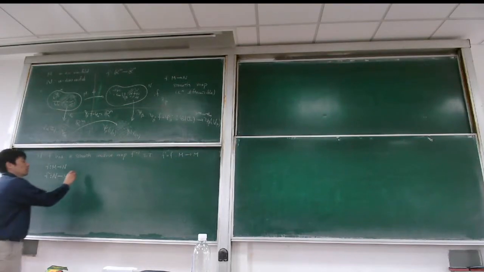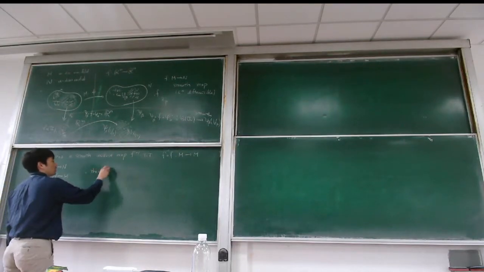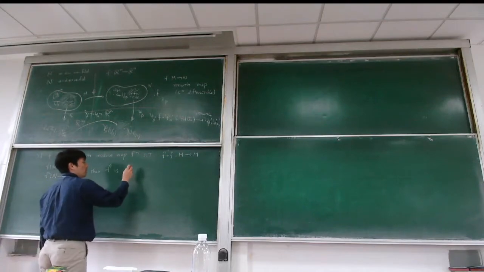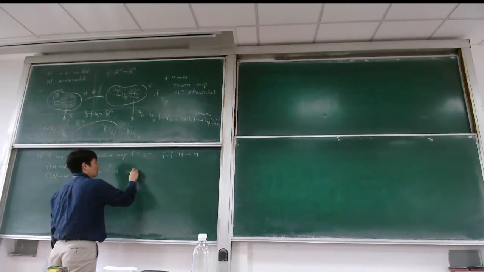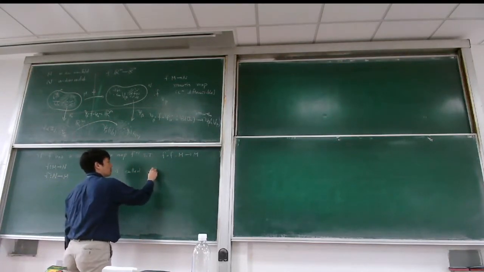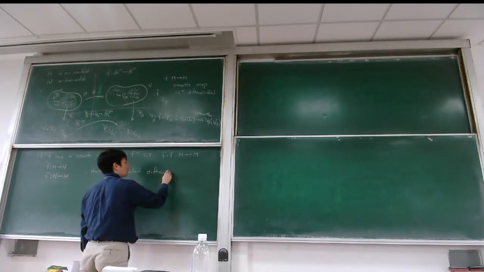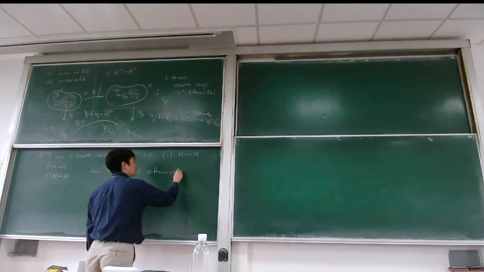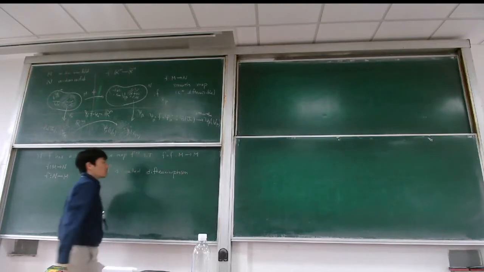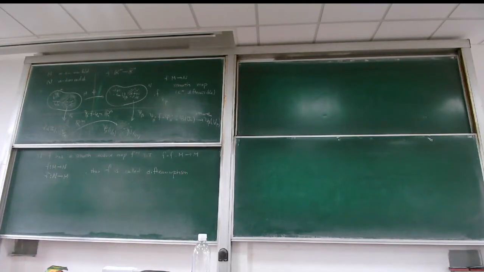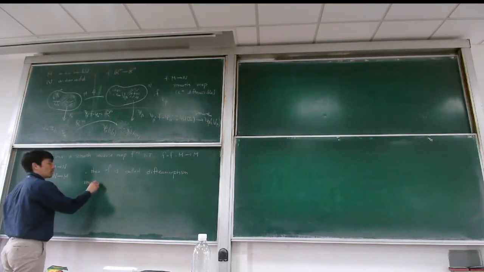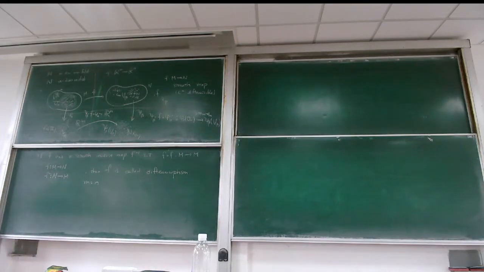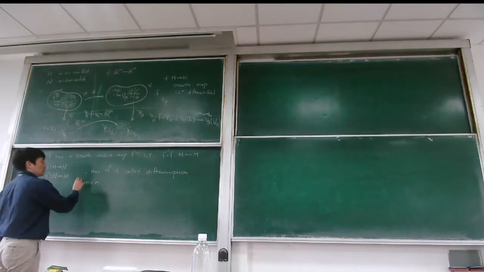Then F is called a diffeomorphism. So in this case, dimension has to be the same. So small m has to be equal to n.